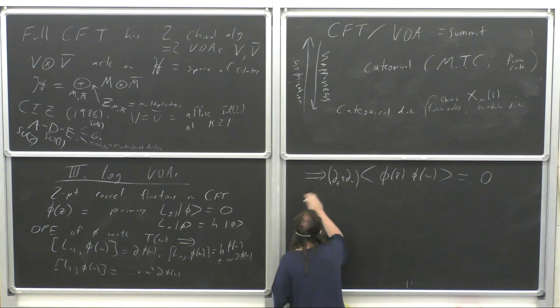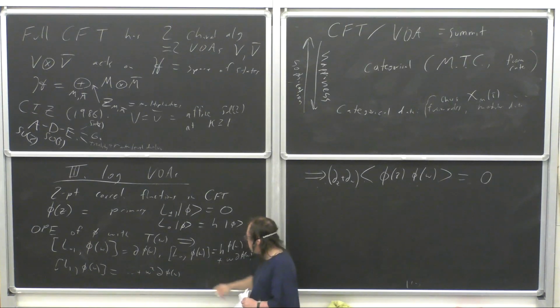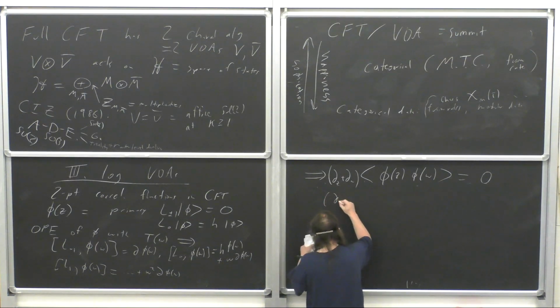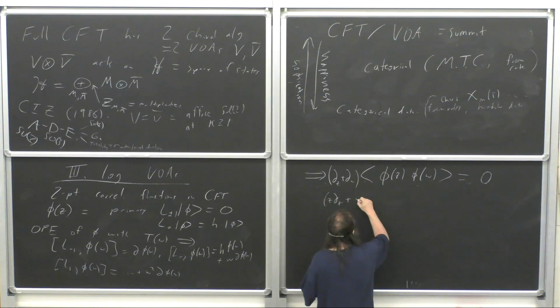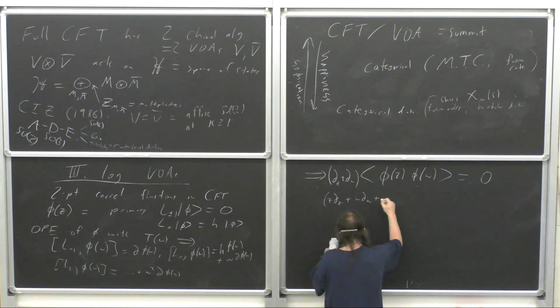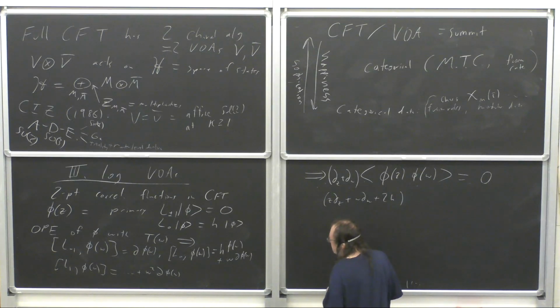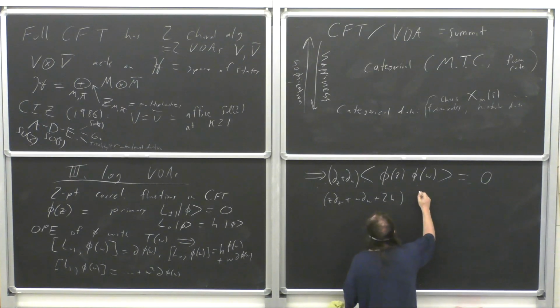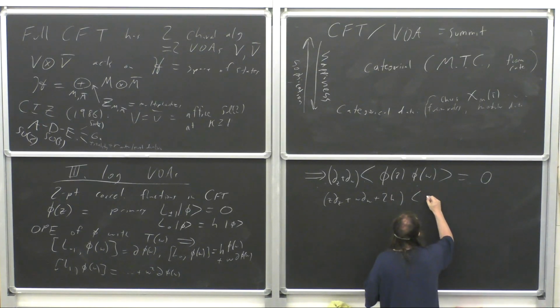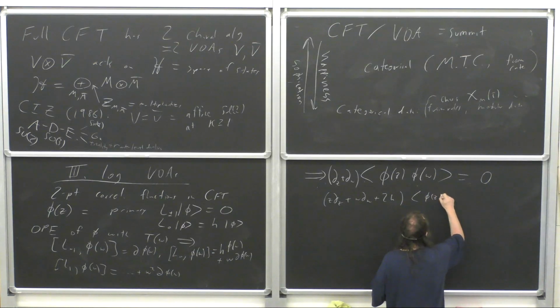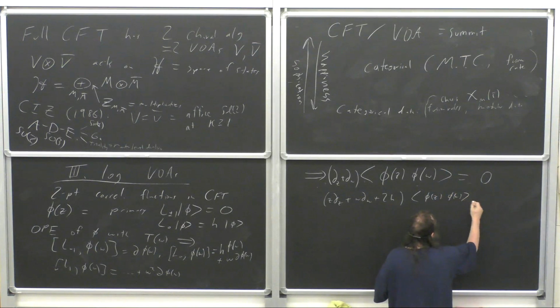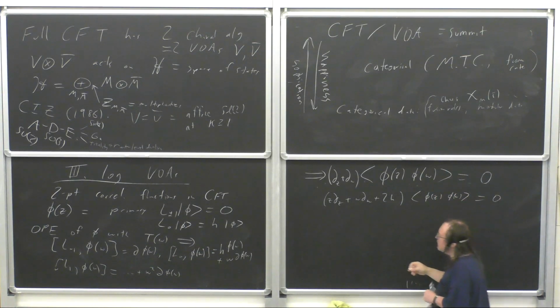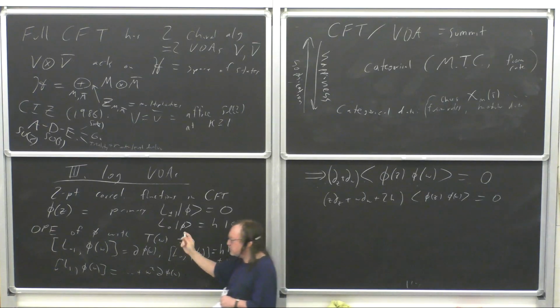From L naught, you get Z times the partial with respect to Z plus W times the partial with respect to W plus 2H, times your 2-point function. And then you get another one from L1, which is a little bit more complicated.